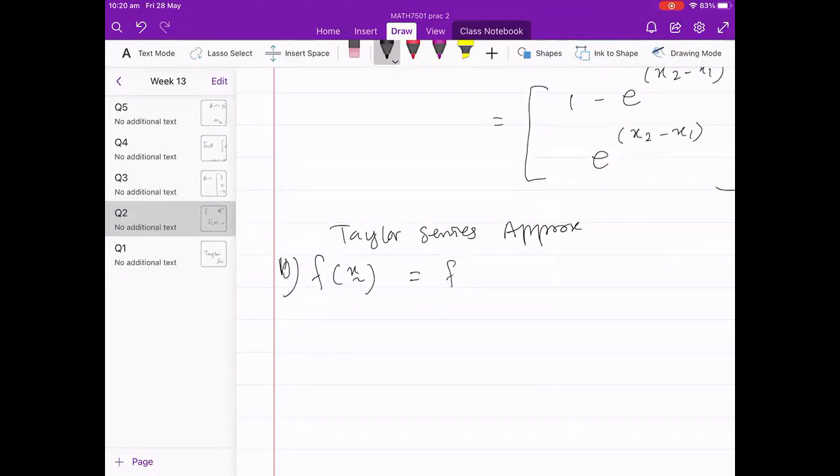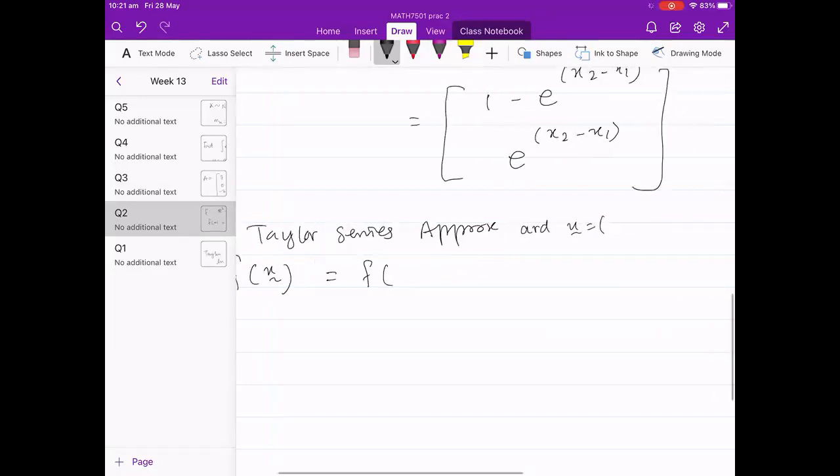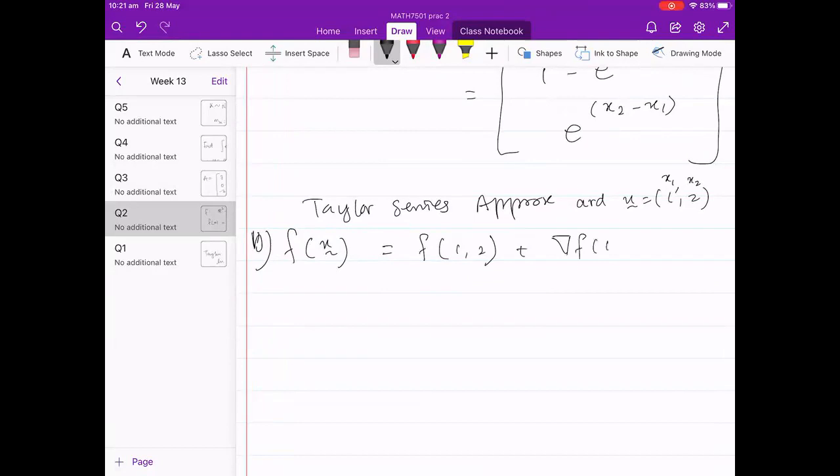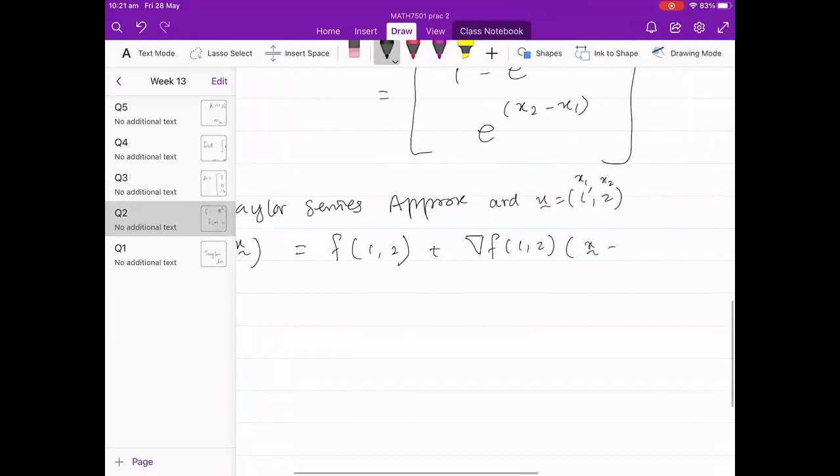f of, the first one is f of the point around x equals (1, 2). So that means x1 is 1, x2 is 2. So f of (1, 2) plus the gradient of f at (1, 2) times x minus (1, 2).